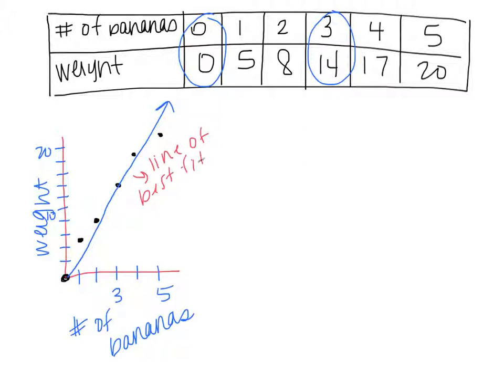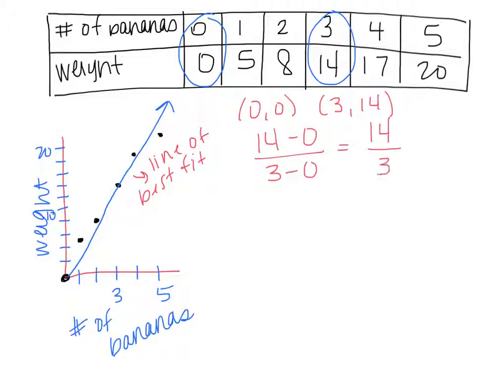The next thing I want to do is write an equation for that line. I use the points 0, 0 and 3, 14. I'm just going to find slope: 14 minus 0 over 3 minus 0, which equals 14 divided by 3.